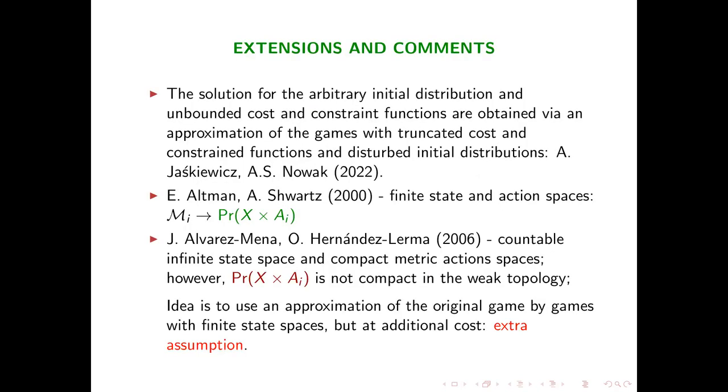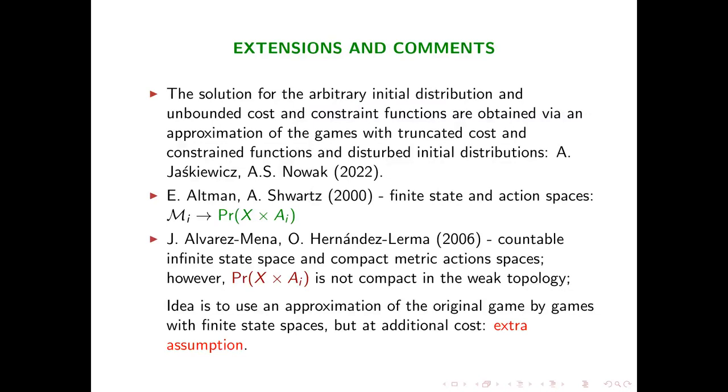And I only mention that the solution for the arbitrary initial distribution and unbounded cost and constraint functions is obtained via an approximation of games with truncated cost and constraint functions and disturbed initial distribution. So the idea is first to consider such a positive initial distribution and bounded cost functions.